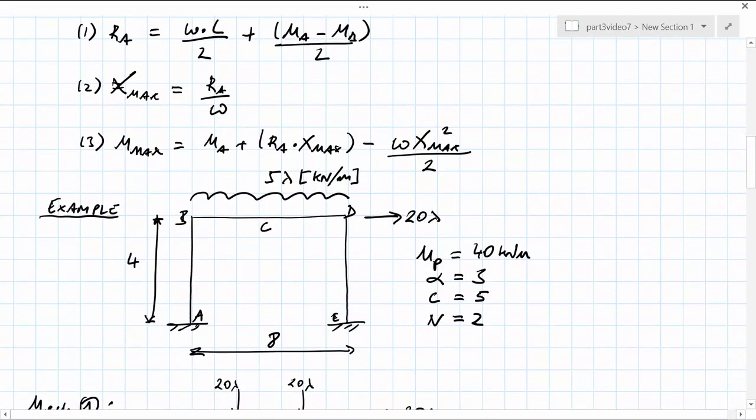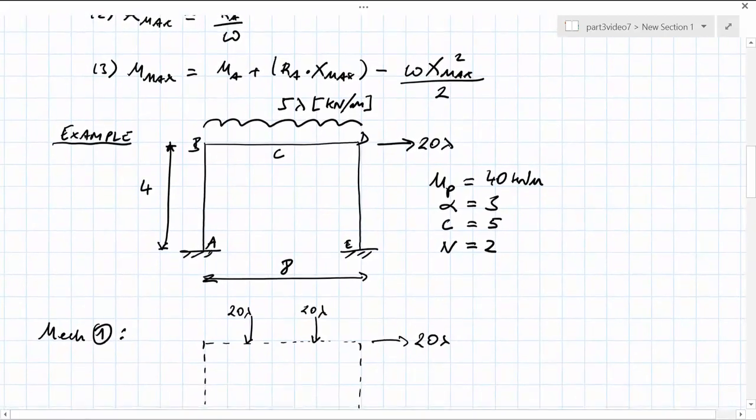In this example, we have a rectangular portal frame with height 4 and width 8, a distributed load of 5 lambda kilonewtons per meter, and a concentrated horizontal load of 20 lambda. M plastic is assumed to be 40 kilonewton meters, and alpha is 3, C is 5, and the number of basic mechanisms, N, is 2.